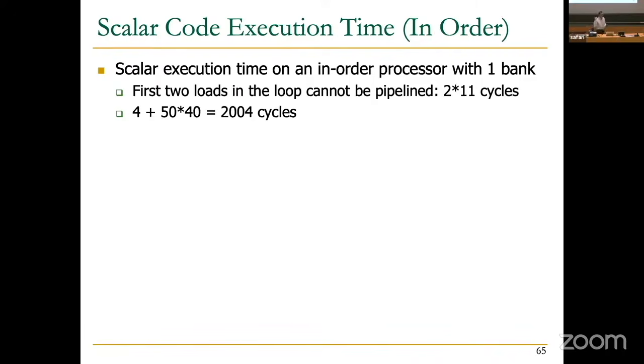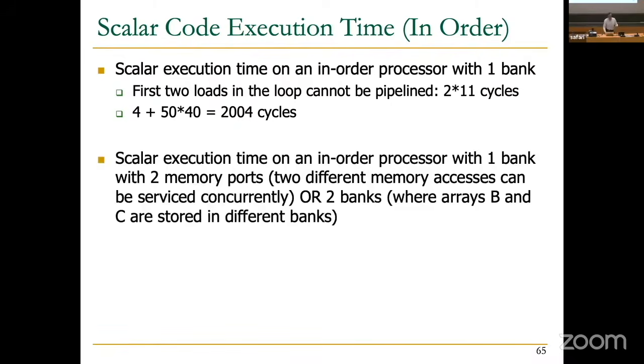But you could reduce this actually if you have an in-order processor with a better memory system. Let's take a look at an in-order pipeline processor. So scalar execution time on an in-order processor with one bank but 2 memory ports, such that 2 different memory accesses can be serviced concurrently, or 2 banks where arrays A and B are stored in different banks.